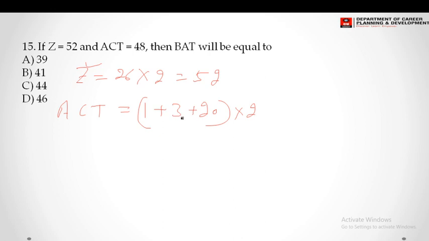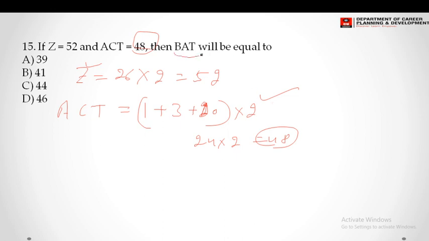So this is I think 19. No, sorry, 20. This is 20 and multiply by 2. This is 24. Multiply by 2 is 48. So we get 48. So they are applying this logic, sum and multiply by 2.